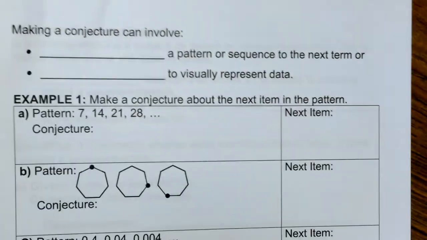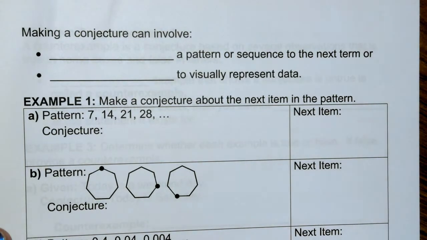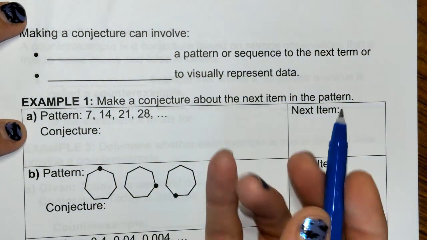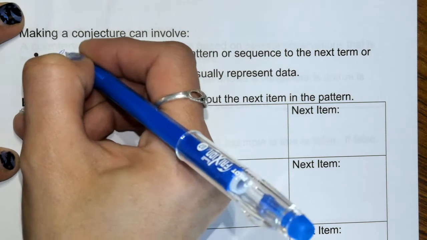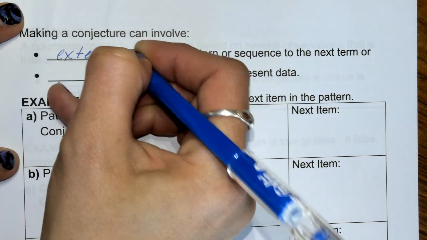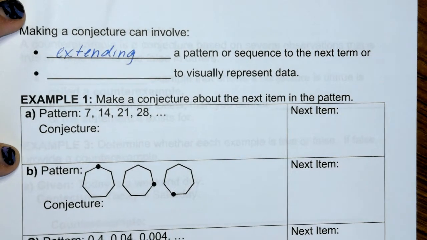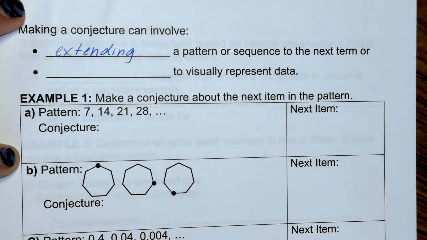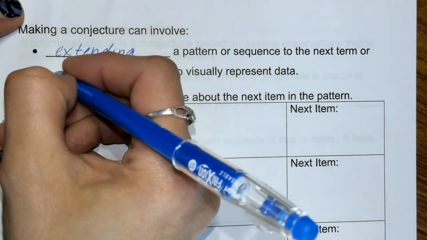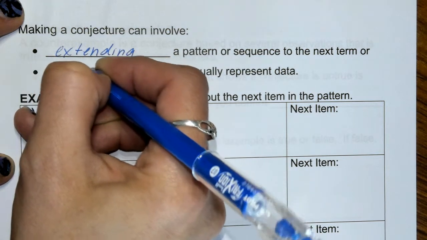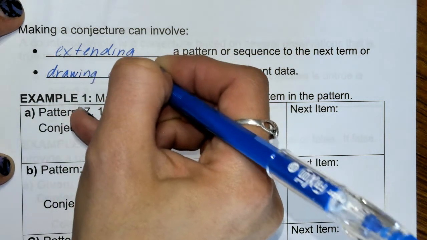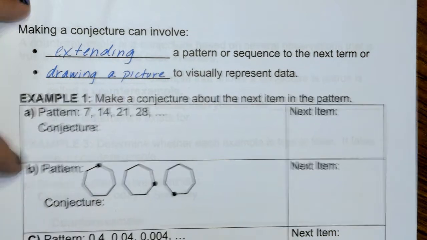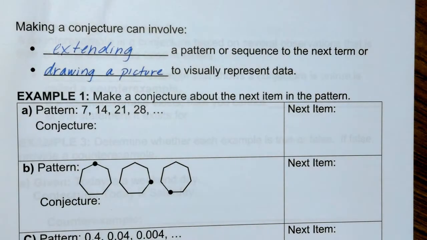Your conjecture can involve extending a pattern or sequence to the next term, so here we can put extending, or drawing a picture to visually represent data. We'll see that happen here. In example one, we're focusing on that first bullet point, extending the pattern.